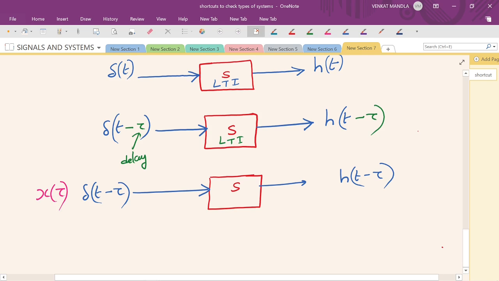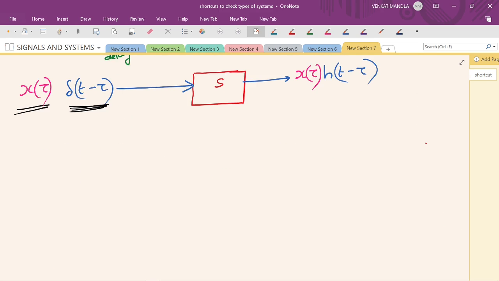X of tau is some constant like alpha times the input. Because this is a linear system, it must obey the homogeneity principle. If the input is multiplied by some alpha, the output is also multiplied by the same alpha, that is x of tau here.